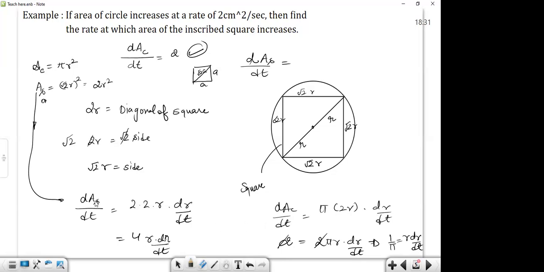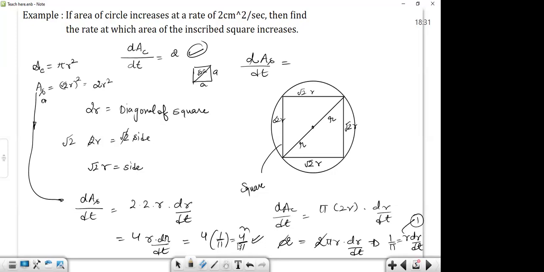So the value of r dr by dt is 1 by pi, and using this in the equation, the answer will become 4 by pi.